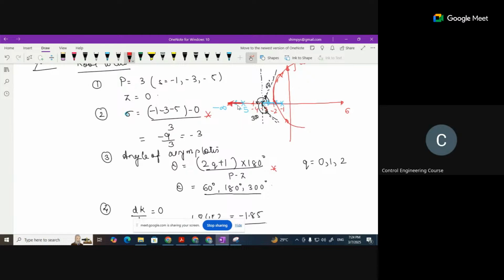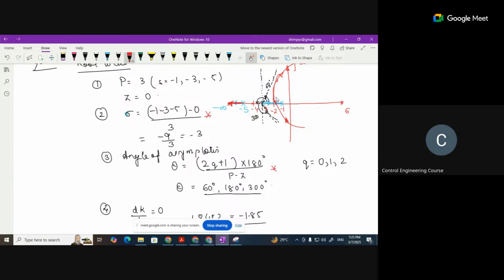Because 180 degrees for this, 60 degrees for this, and 300 degrees for this. The asymptote angle is for this only. For root locus only, we are finding out the angle of asymptote. When K approaches infinity, this is the asymptote line which the root locus will follow, parallel to that asymptotic angle.